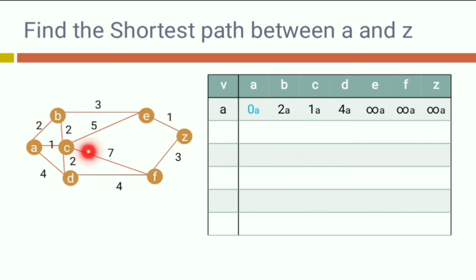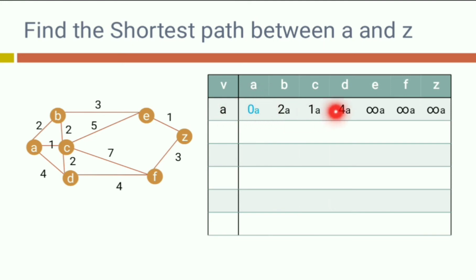Similarly for F and Z we'll choose infinity. I have taken a different color for A because vertex A is already a part of our shortest path.